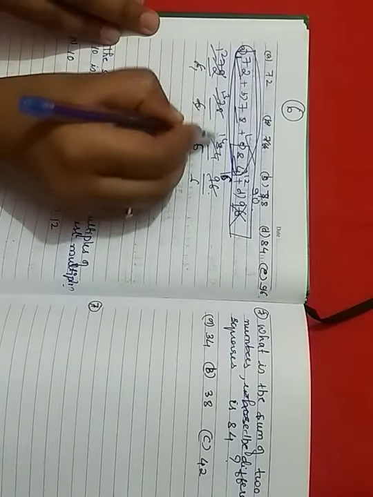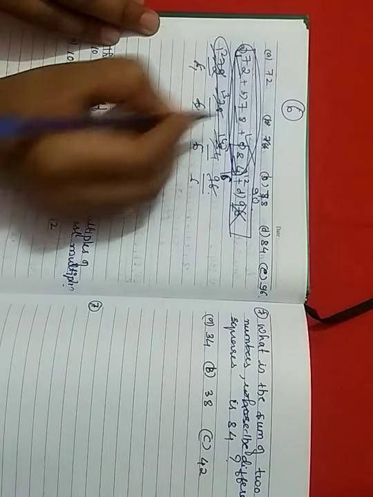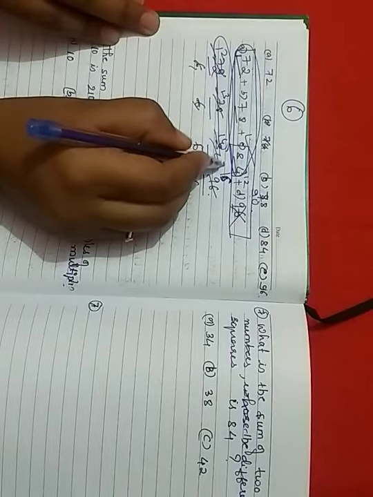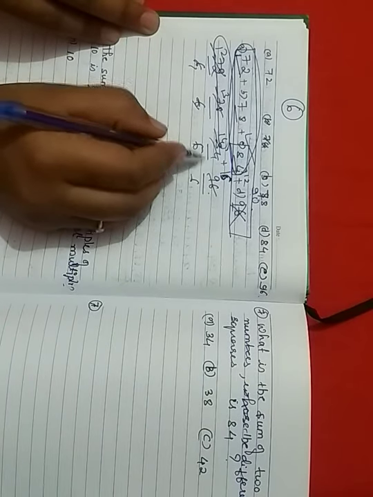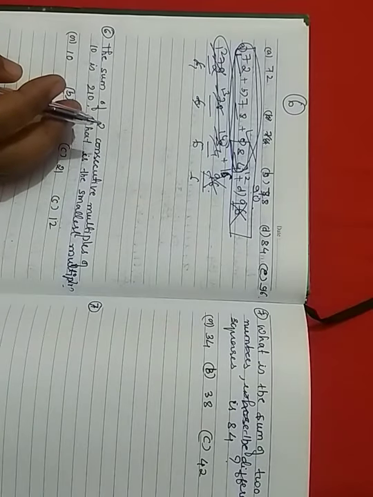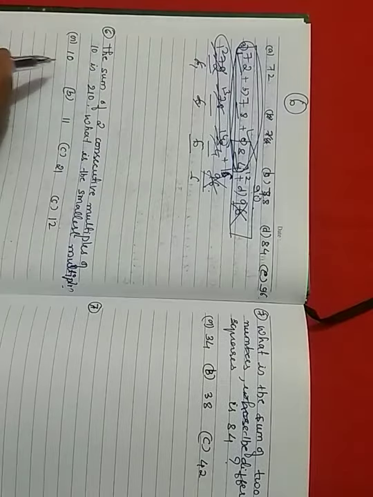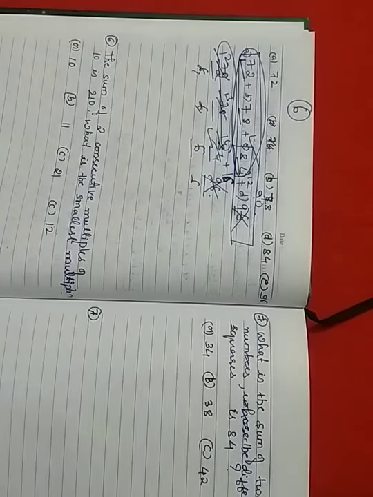So 12, 13, 14 are the consecutive numbers. 16 is not the consecutive of 14, so you can skip this option. 12, 13, 14 are the three consecutive required numbers. Okay. So you can take option C.